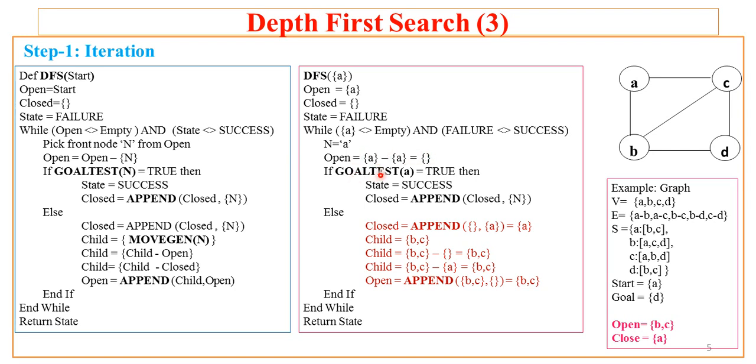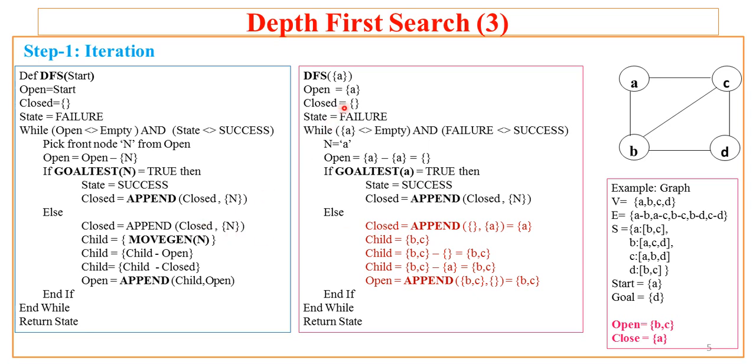Now the goal test function will try to see whether A is the goal, but here our goal is D. As this is not matching, this test condition fails. So it skips the if part and gets into the else part. It appends the node which we have picked to the closed list.